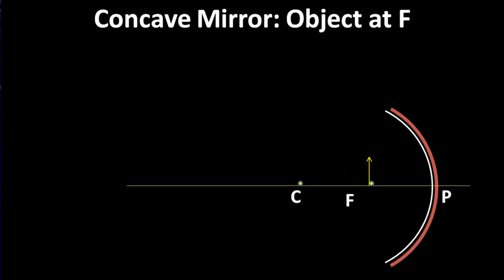Now the object is shifted one position towards right and now it is at focus. A ray of light going parallel to the principal axis, after reflection, passes through the focus. Since the object is kept at focus, we cannot take a ray passing through the focus. So we take a ray that passes through the center of curvature. We know a ray of light that passes through the center of curvature retraces its path.